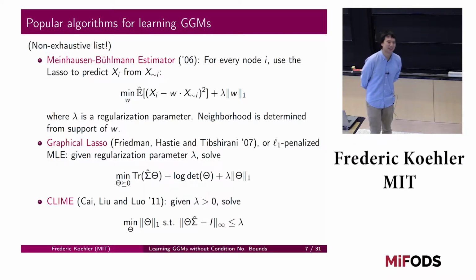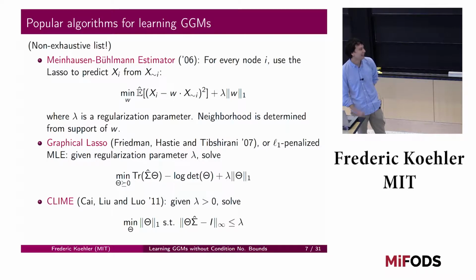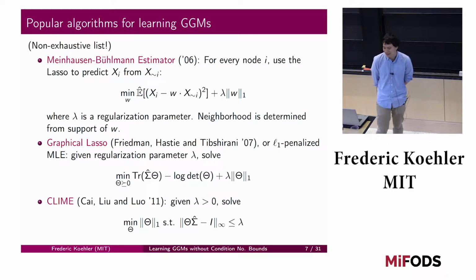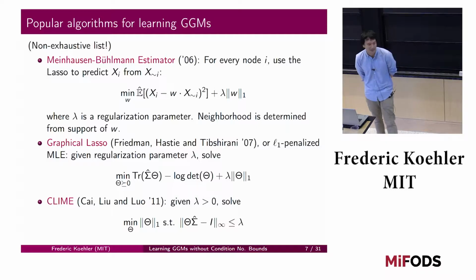And we know that theta is supposed to be the inverse of sigma, so they literally just encode that as a constraint. So theta sigma minus identity is bounded in infinity norm by some parameter lambda. Basically, all 3 of these methods are based on L1, but they all do slightly different things, and you can see that they actually do behave differently in practice.